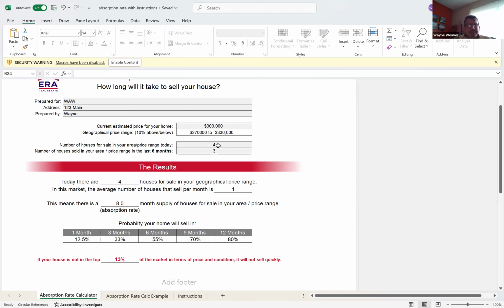But the idea is, you do this for a client, they have 123 Main Street. What if these numbers stayed the same, and they said, well, I want to price at 325, because they're just like, let's just try it.